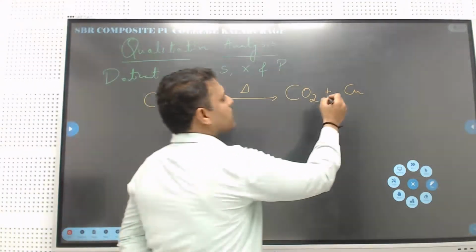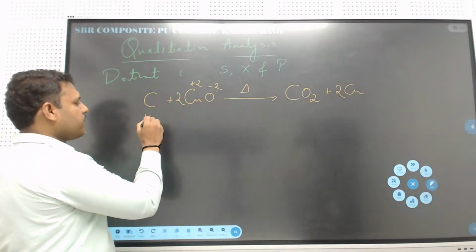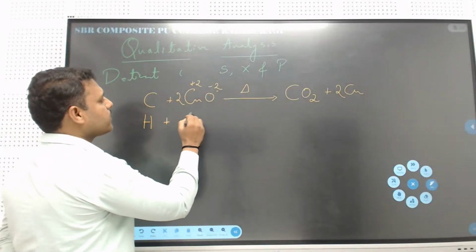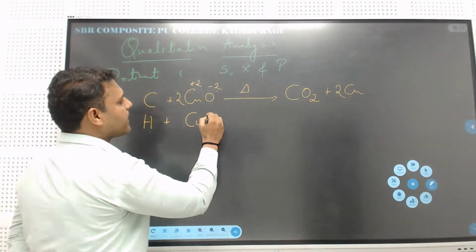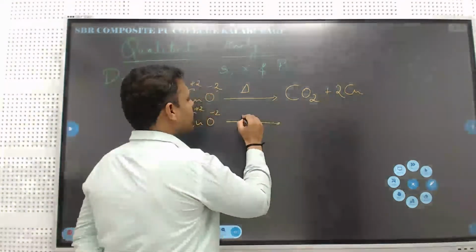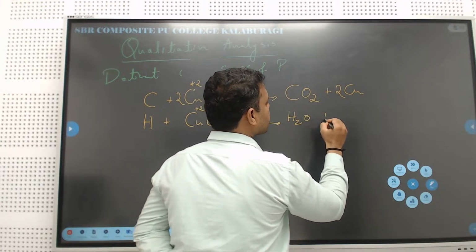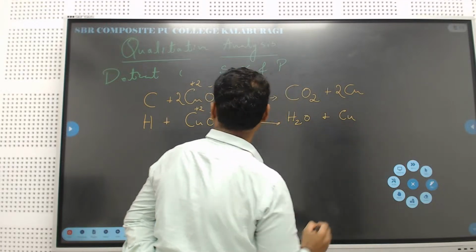Similarly, the hydrogen present in the organic compound, if it is heated with cupric oxide, will be oxidized into H2O plus copper.